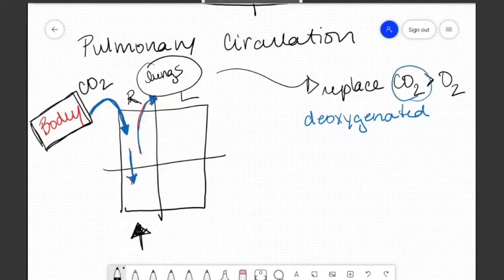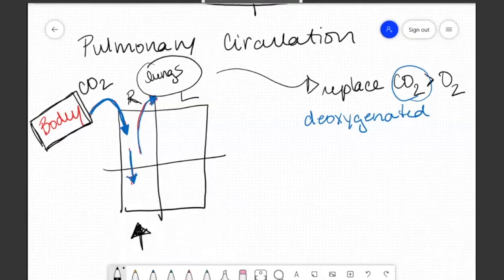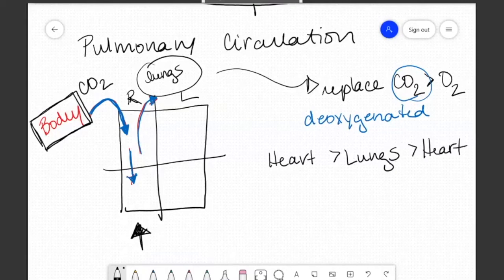Okay, so that is your pulmonary circulation, where your blood will go from the heart to the lungs, and then after the lungs, it will come back into the heart. And this is where we're going to flip to the next circulation pattern. So heart to the lungs to the heart. And it is carrying, again, CO2 or deoxygenated blood. Okay, so that's pulmonary.